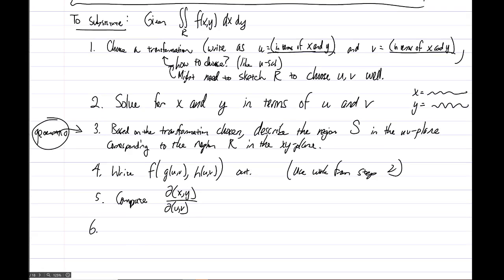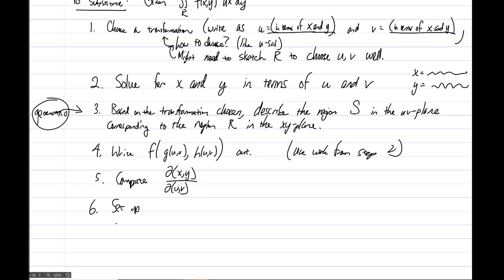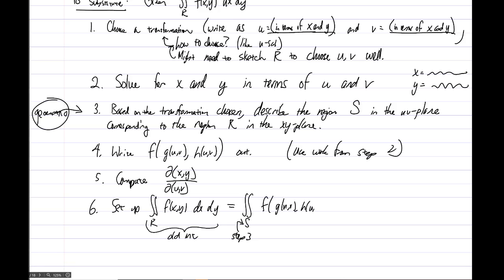And then step 6, set up the original double integral, okay, the double integral over R of f of x comma y dx dy. Yeah, so this was the old integral. Instead of computing the old integral directly, because we're choosing to do substitution, we're going to have the double integral over region S, so S comes from step 3, of f of g of u comma v comma h of u comma v.